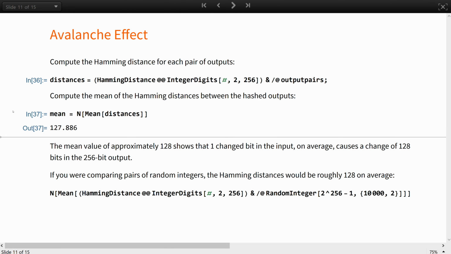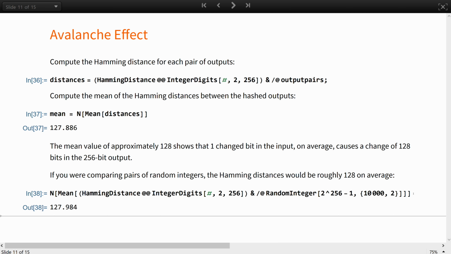The mean value of approximately 128 here shows that one changed bit on the input, on average, causes a change of 128 bits in the 256-bit output. If you were comparing pairs of random integers, the Hamming distances would be roughly 128 on average.